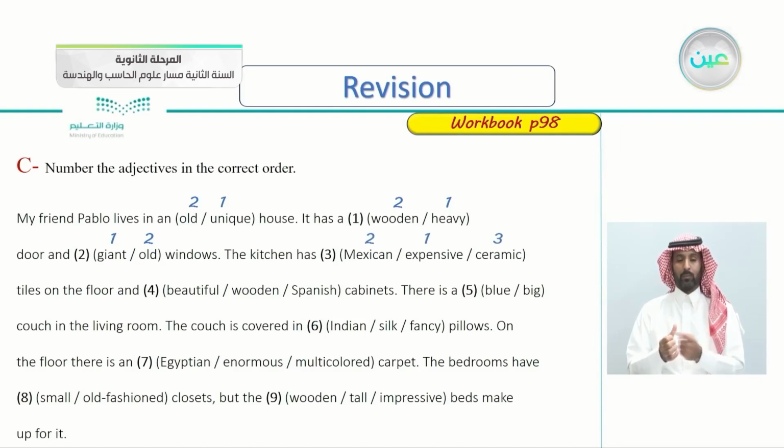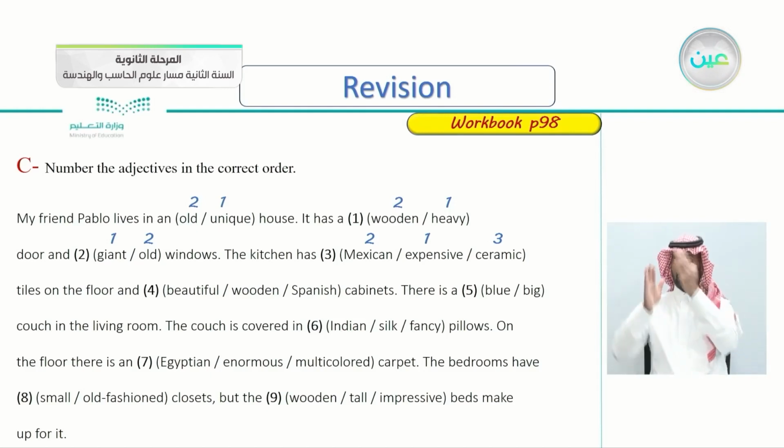So the kitchen has expensive Mexican ceramic tiles. Expensive, we begin with an opinion. Mexican, nationality, then ceramic, the material. So the kitchen has expensive Mexican ceramic tiles on the floor, and we have here also three adjectives, and beautiful wooden Spanish cabinets.